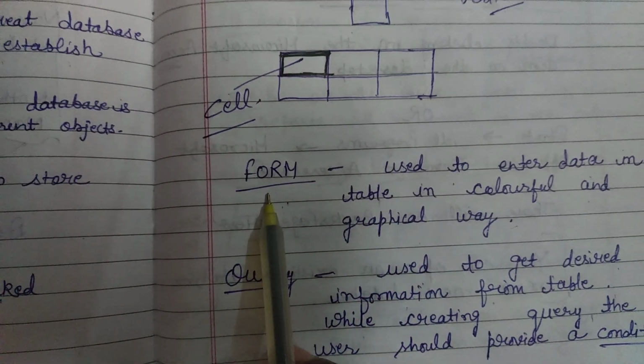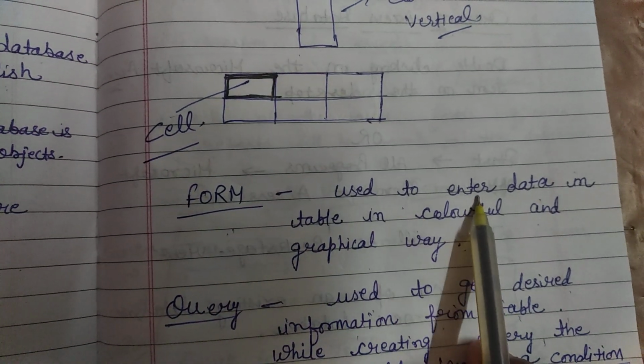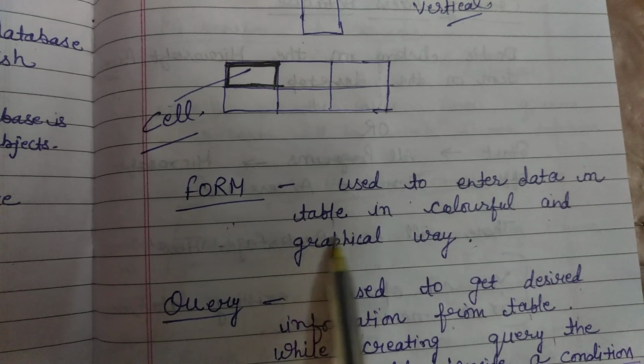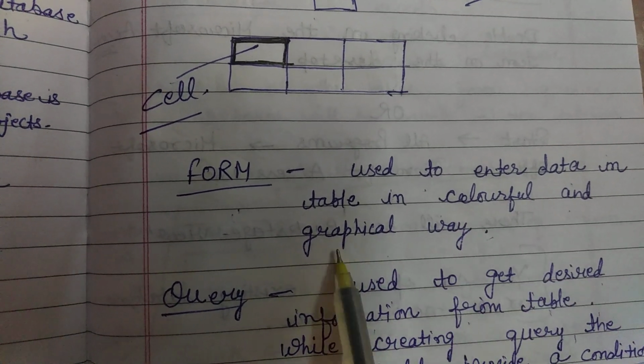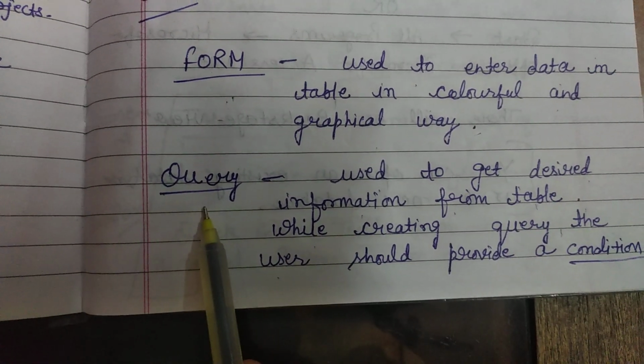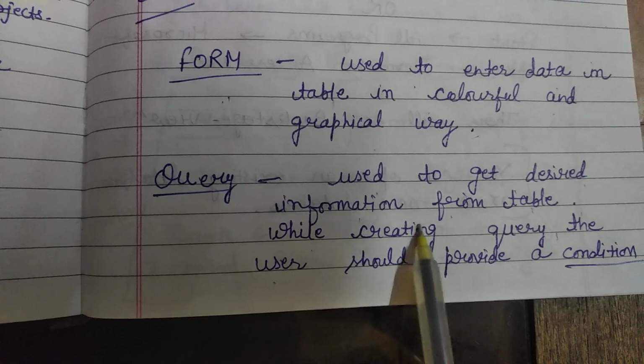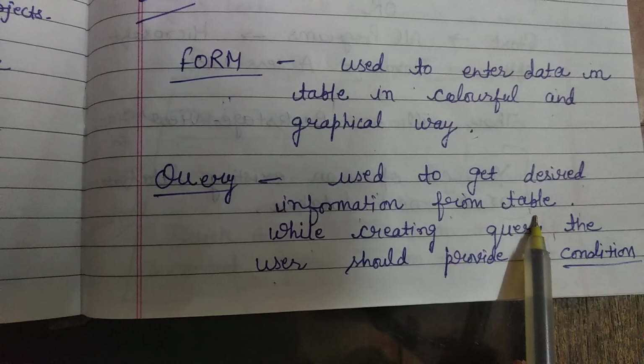Second is form. Next object is form. It is used to enter data in a table in a colorful and graphical way. Next is query. It is used to get desired information from a table.